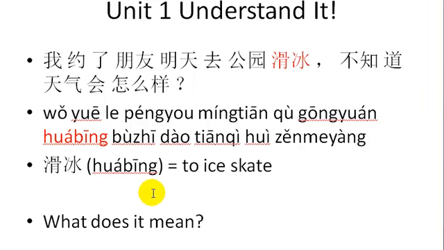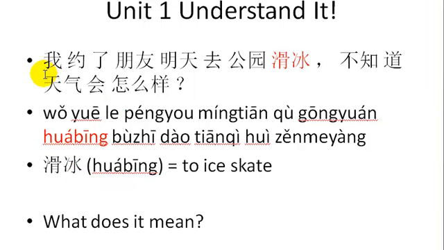Okay, 滑冰 means to ice skate. So 滑 means to slide or is slippery or something like that. 滑 and 冰 is ice. So 滑冰 is to slide on ice. In this case, to ice skate. Right? So now you have enough to pull this sentence apart.